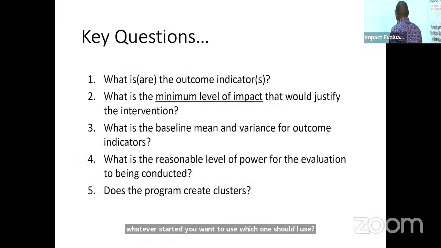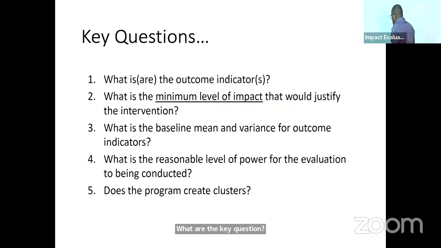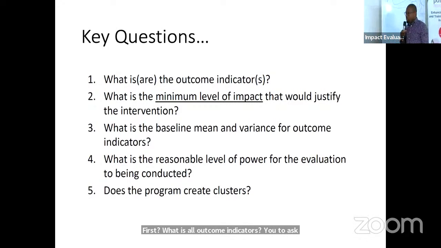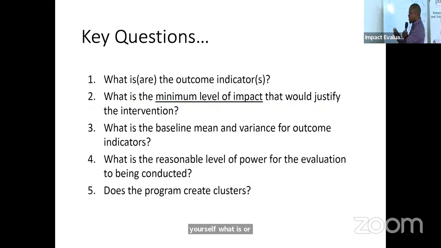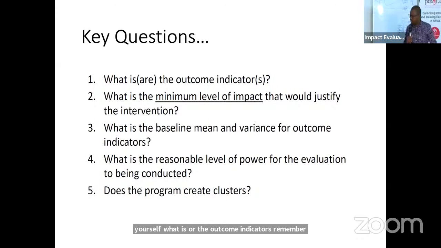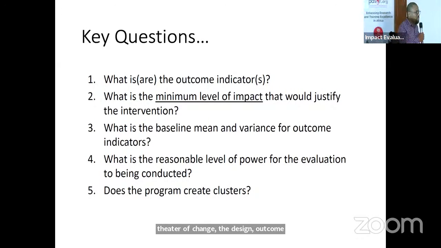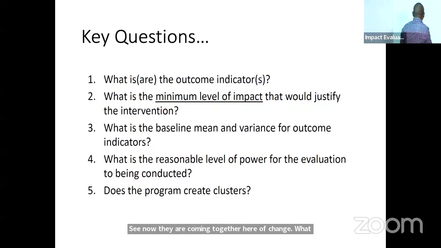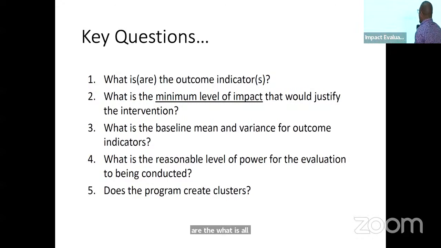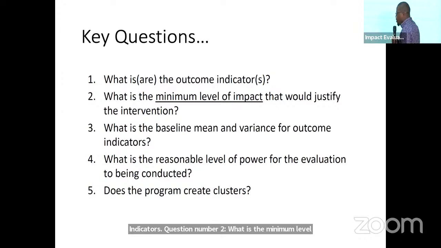First, what is or are the outcome indicators? You need to ask yourself, what is or are the outcome indicators? You remember theory of change? The result side, the outcome. See, now they're coming together. Question number 2, what is the minimum level of impact that would justify the intervention?